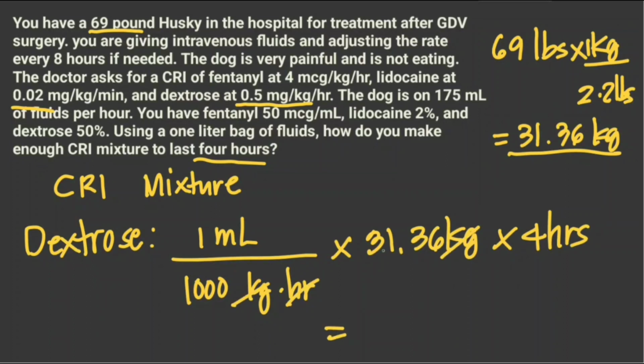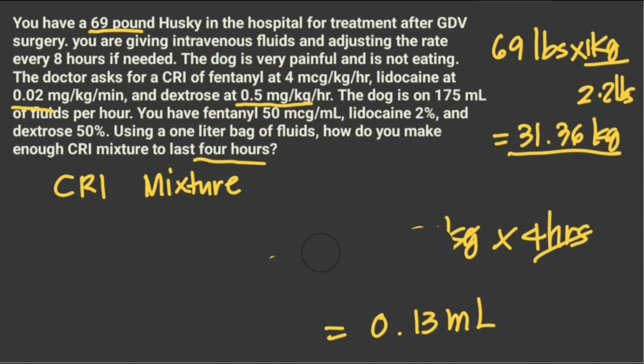So that is 31.36 times 4, divided by 1000, which gives 0.13 ml of dextrose.